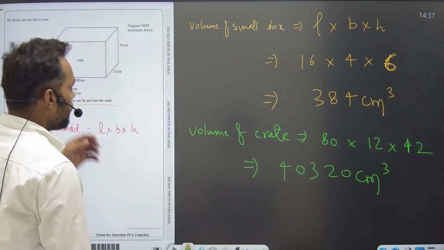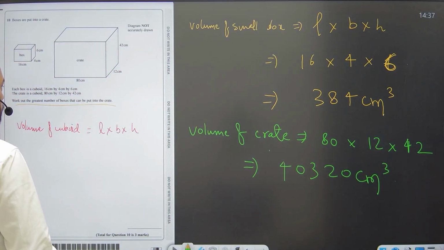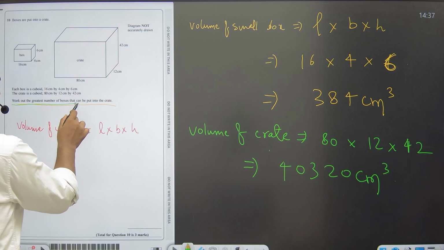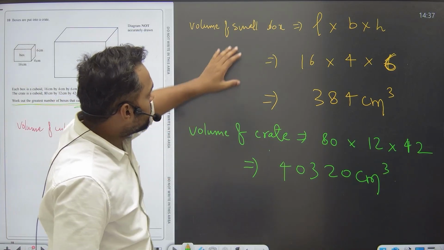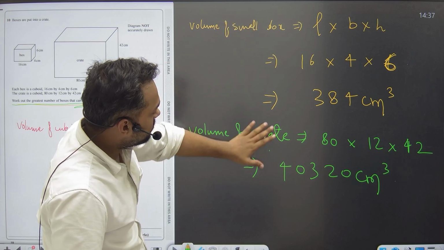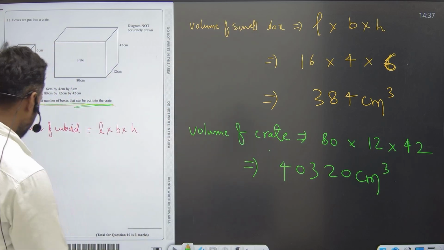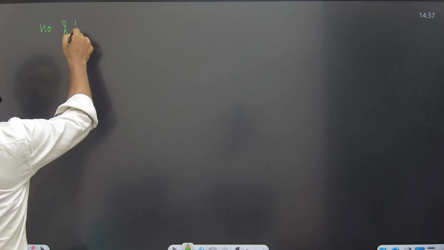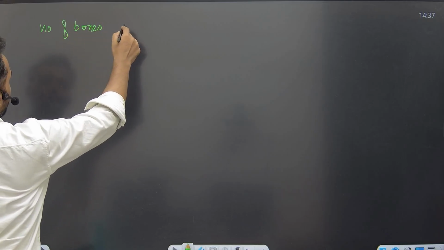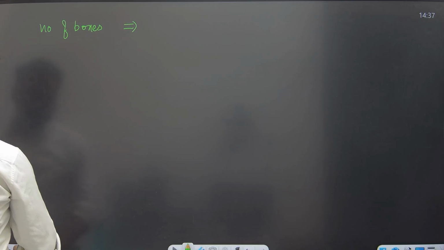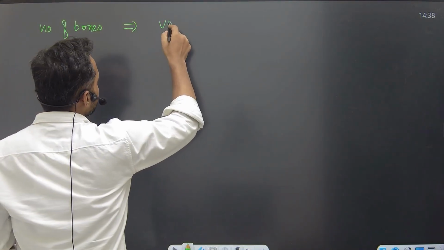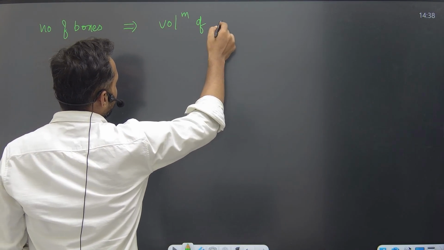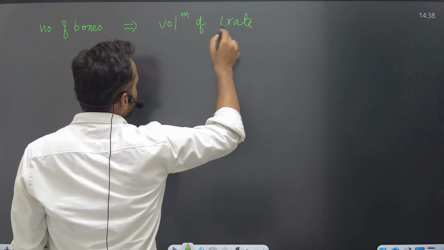According to the question, they have asked to work out the greatest number of boxes that can be put into the crate. This is the volume of a small box, this is the volume of the crate. The number of boxes that can be put in the crate will be equal to the volume of the crate upon the volume of a box.